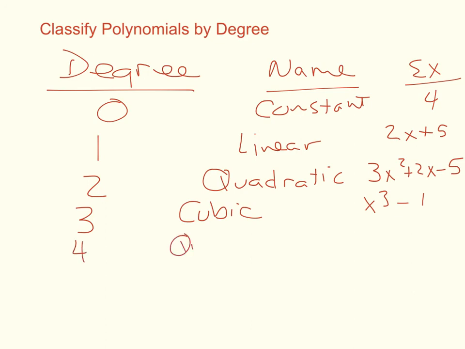Fourth degree, quartic. So 2x to the fourth is called a quartic. Degree 5, we call it a quintic.